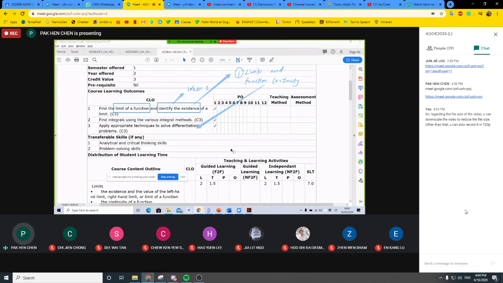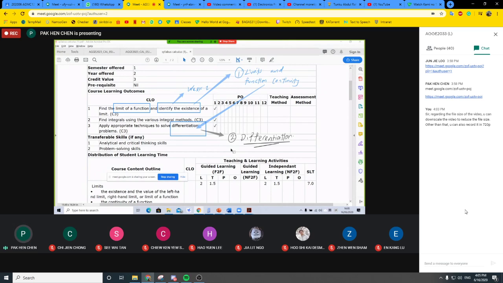The second topic that we learn is differentiation. From differentiation, we will learn its applications, like drawing graphs.